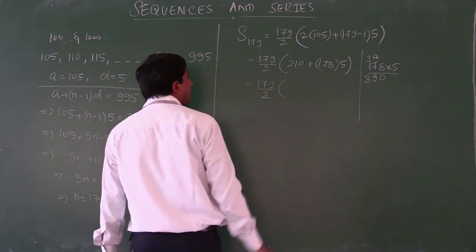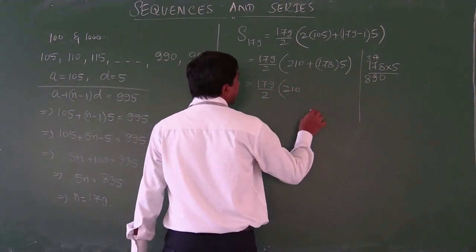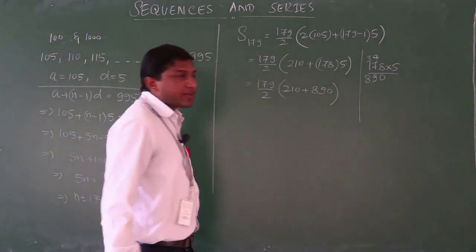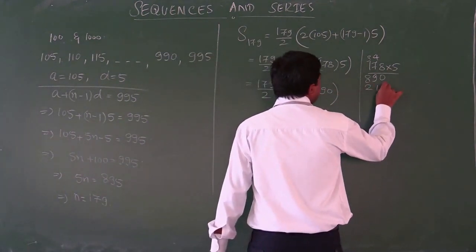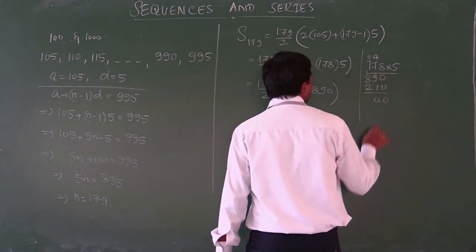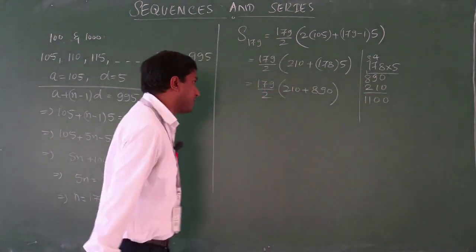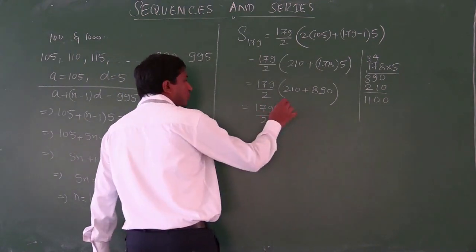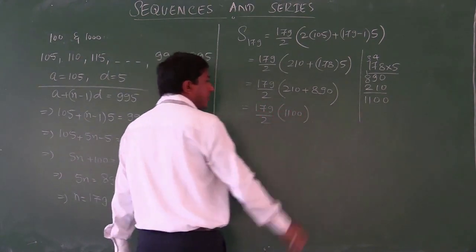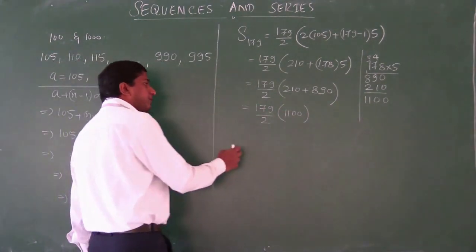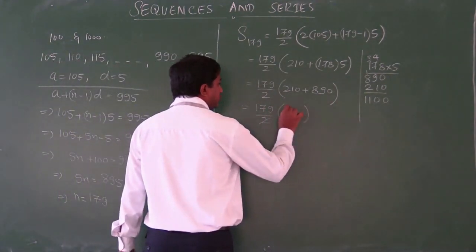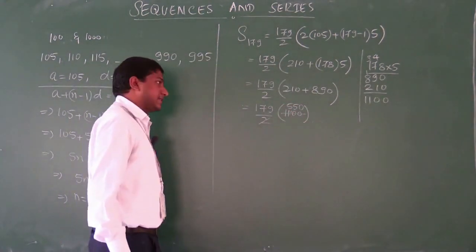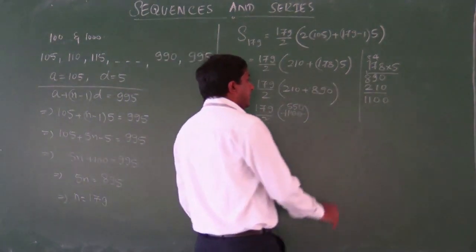So what do we get? 179 by 2 into 210 plus 890. 890 plus 210 gives us 1100. So I can write this as 179 by 2 into 1100. I will simplify these two. 2 ones are 2, 2 5s are 10, 2 5s are 10, 2 zeros are 0. So 179 into 550.